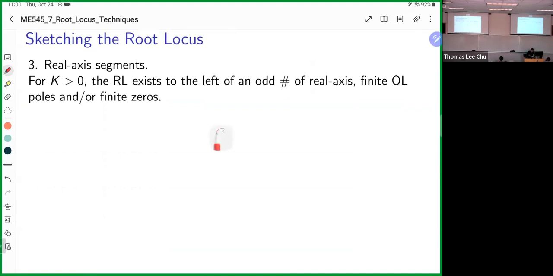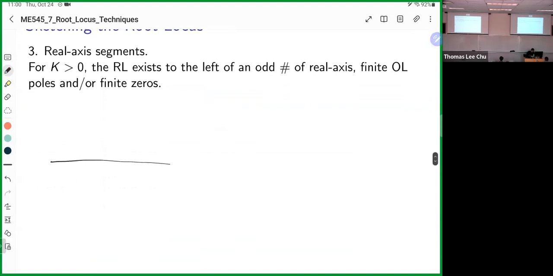As an example, if I were to draw this, the real axis, imaginary axis, I'm going to draw a zero here, a pole at the origin.